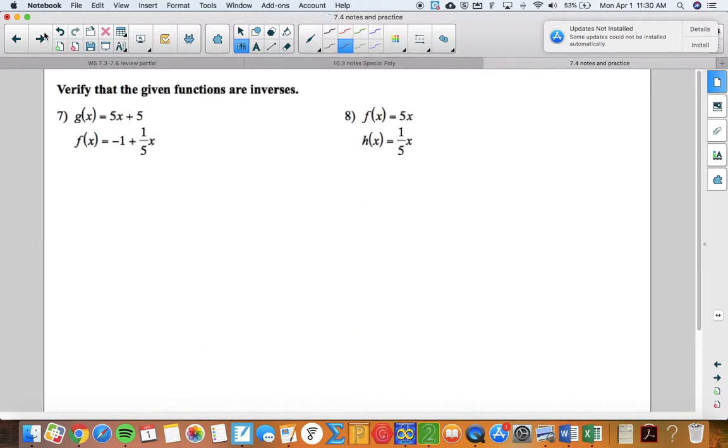On the bottom, we're going to verify that things are inverses. To verify that functions are actually inverses of each other, remember that it doesn't matter what order you write this in right now, but g of f of x has to equal x. And this is why I said the order didn't matter, because you have to do it both ways. So f of g of x has to get you x.